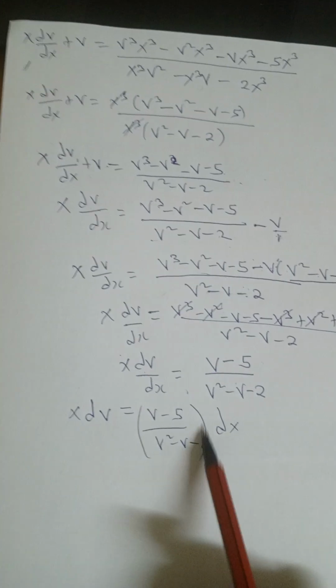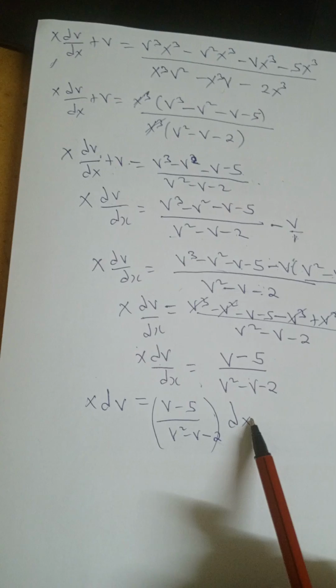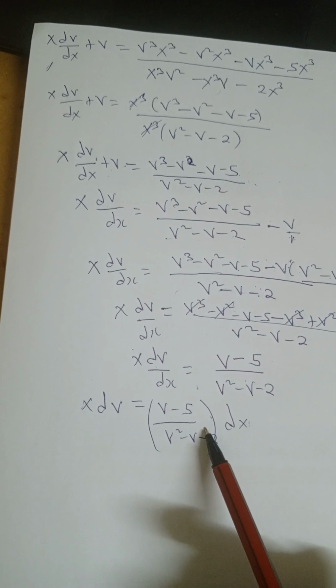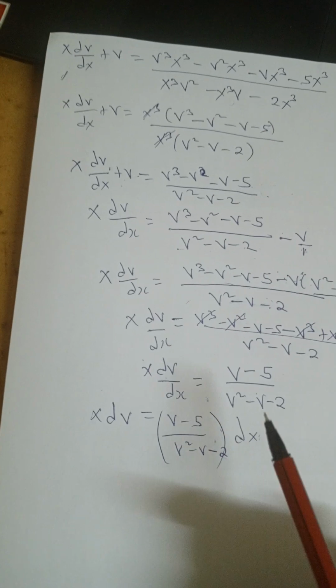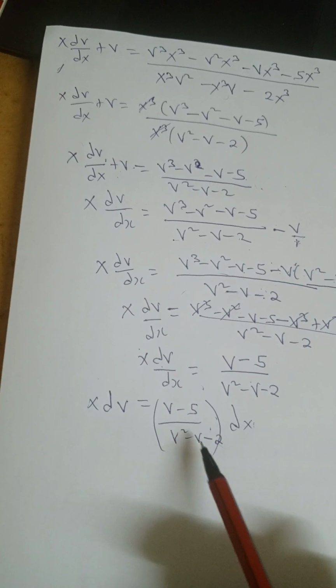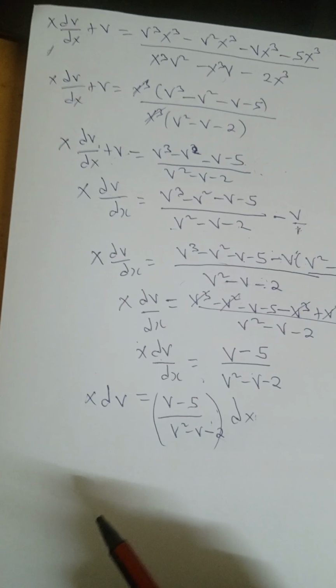So for us to take this where there is dv and to take x where there is dx, for this one we just need to multiply by its reciprocal. So we can multiply this with v squared minus v minus 2 over v minus 5. Everything will cancel out.